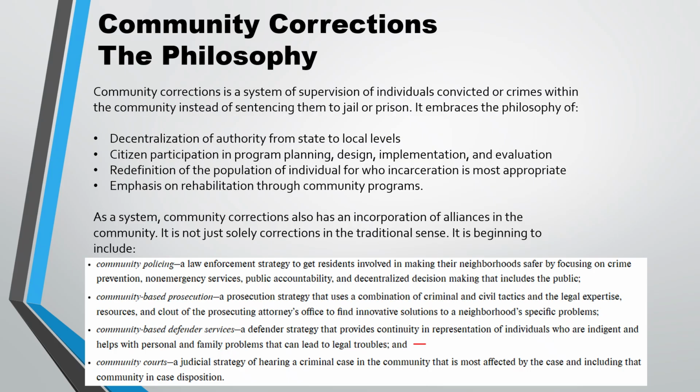Well, that just means that the state has a hand in coming up with tactics, coming up with ways that they can find in order to address a specific neighborhood's problem or help them solve a particular problem.